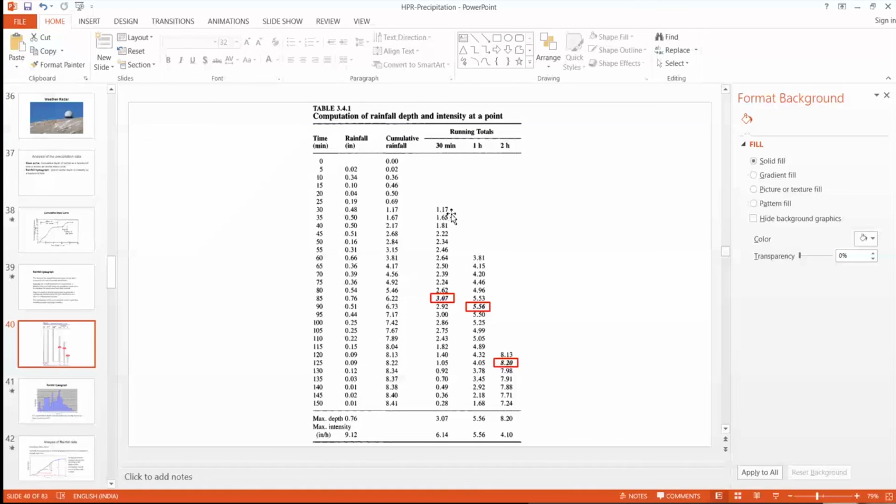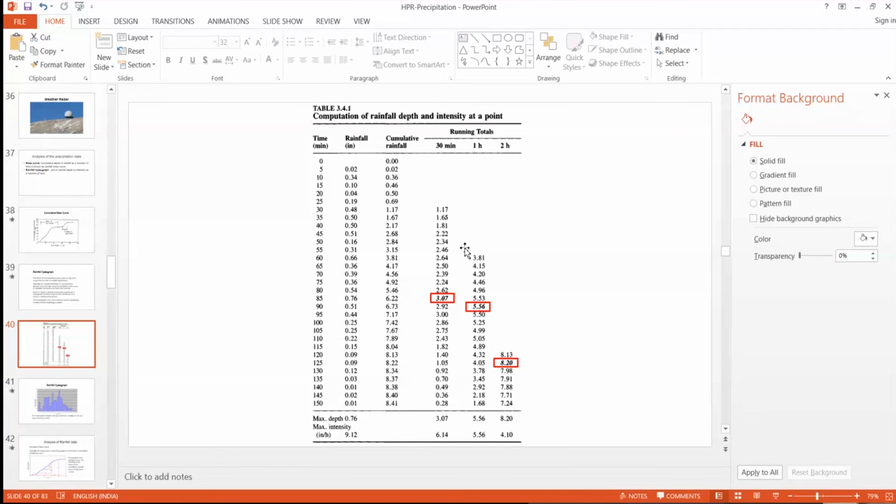Next, from 5 minutes to 35 minutes, the rainfall collected is 1.67 minus 0.02, that gives 1.65. Next, from 10 minutes to 40 minutes, it is 2.17 minus 0.36, that becomes 1.81. And so on and so forth. We have to calculate each consecutive 30-minute interval.